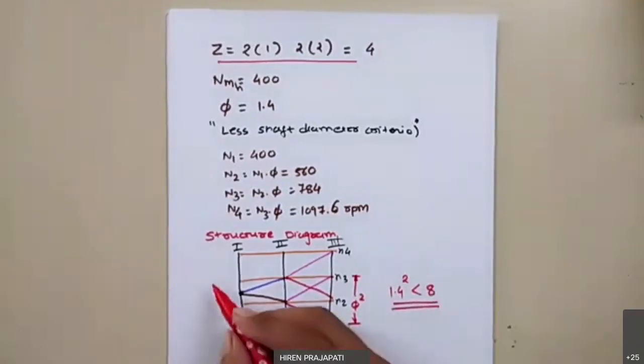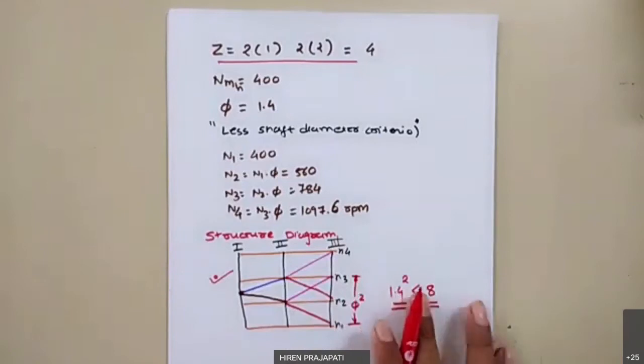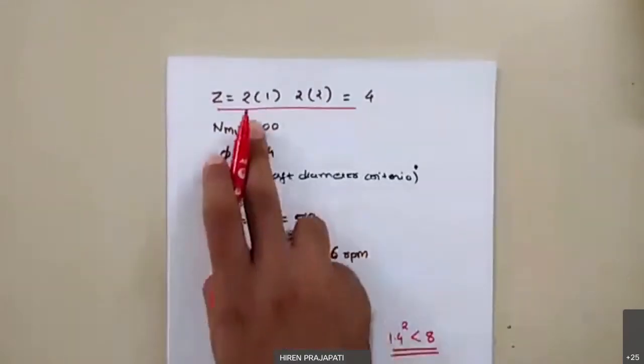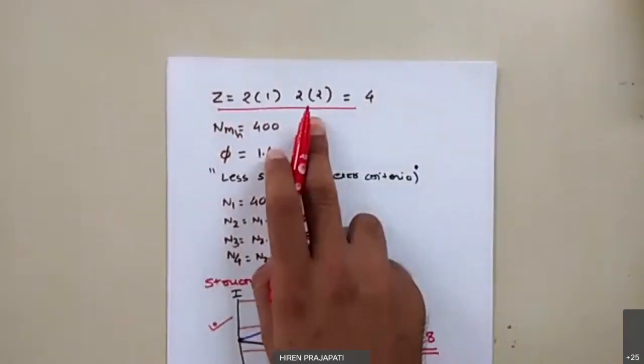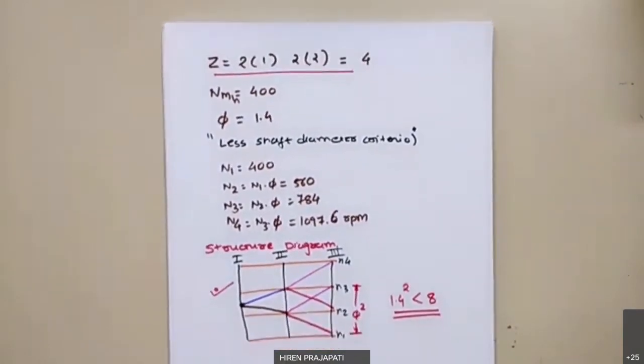So that's why the structure diagram given is proper as per the requirement. If it is not, then I need to propose a change in the structure equation. And anyhow, we need to fulfill this condition. Okay. So now, this is the structure diagram. After drawing the structure diagram, next we go for the ray diagram.